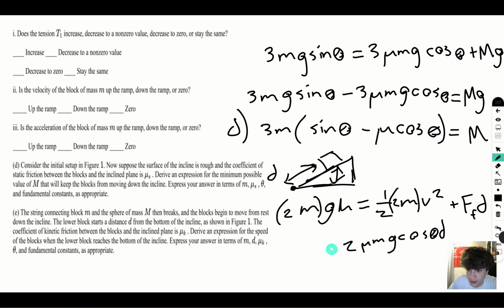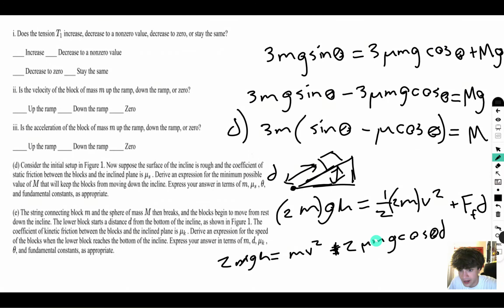And then here we can cancel out this 2 and 1/2. We'll just get plus mv squared, and that'll be equal to 2 mgh.